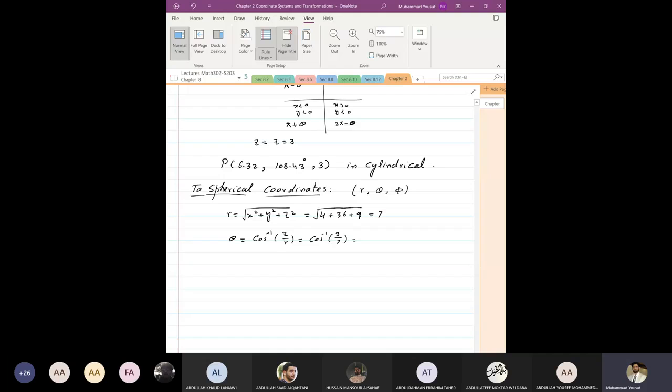I'm writing here directly degrees. And then phi is equal to tan inverse y over x, and we did it before here.